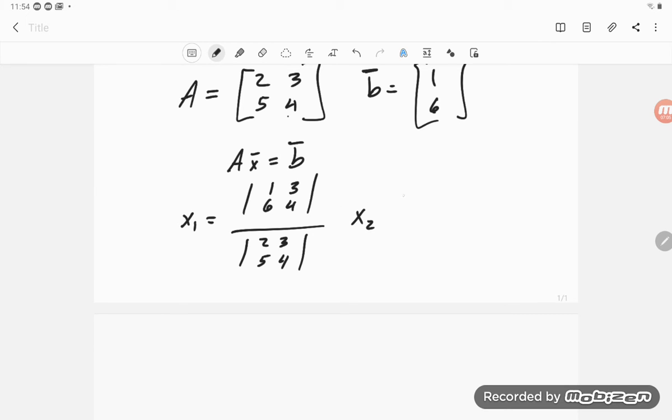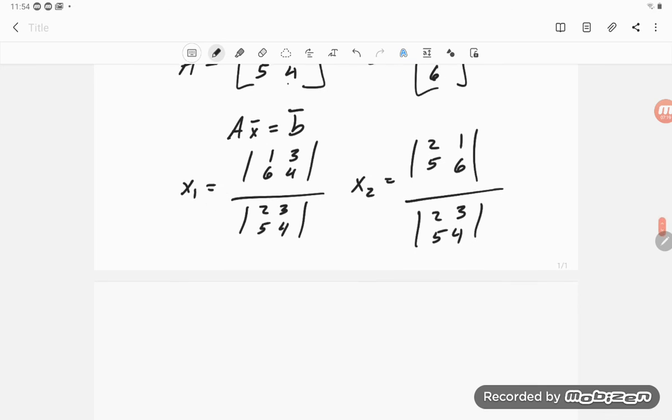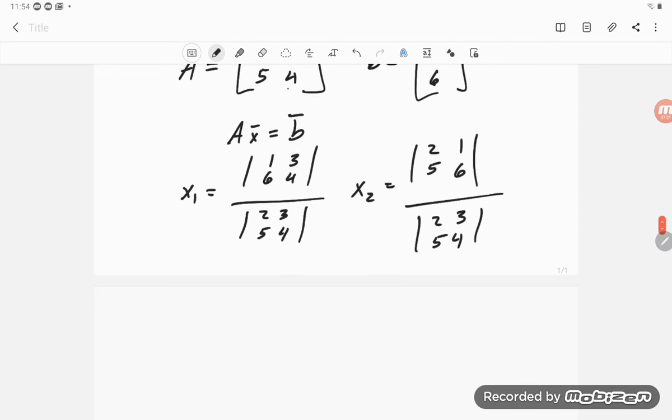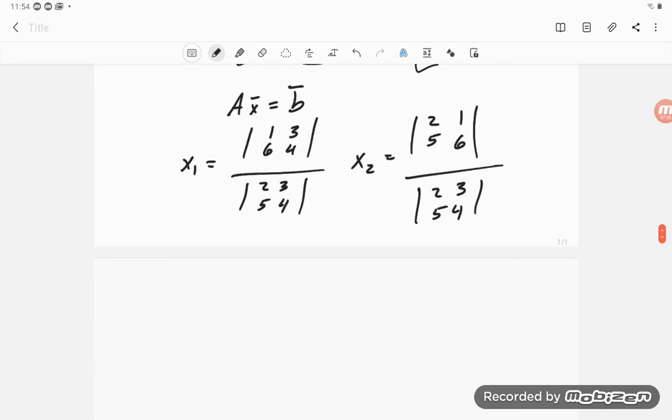And x2 is equal to the determinant of 2, 5, 1, 6 over the determinant of 2, 3, 5, 4. You can imagine, if I had a 10 by 10 matrix, these would be really nasty things to do. This would be a terrible way to solve this. But let's check what we get here.